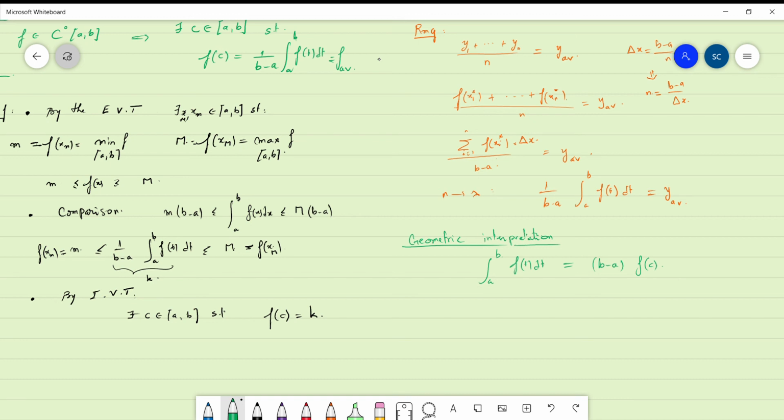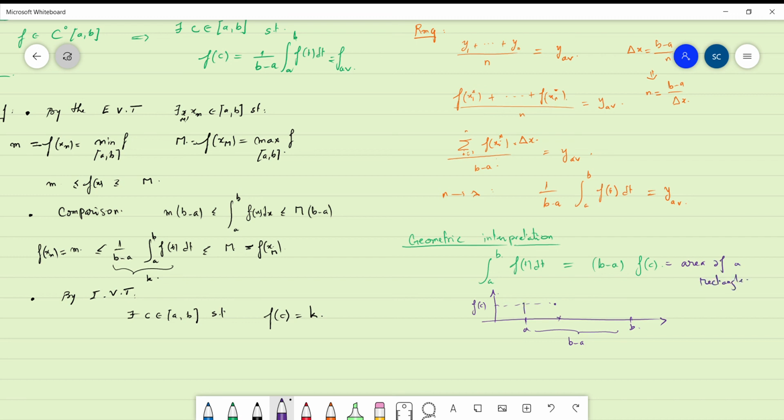That means if you graph your function, here are a and b, here is the length b minus a, the side. And f(c), there is some c somewhere, and this is the area of a rectangle.